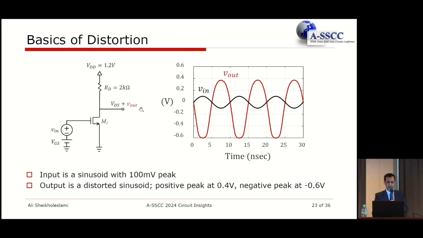And then I look at the output and I realize that, wow, this is not symmetric anymore. In fact, the negative excursion goes all the way to minus 0.6, but the positive excursion is limited to about 0.4. You can see that the top part is being compressed, where the bottom part is having room to amplify.